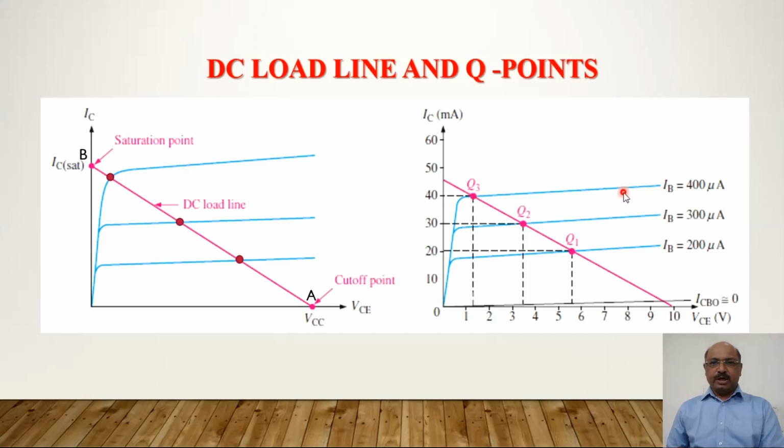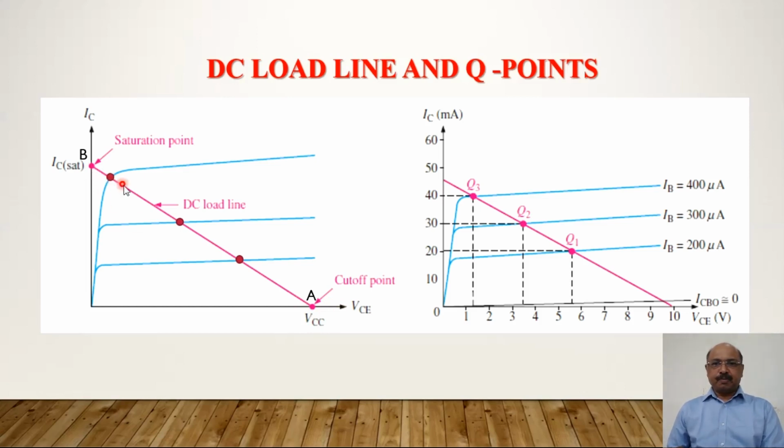Now if we draw the load line from point B, that is the saturation point, and point A, that is the cutoff point, for a transistor in the absence of input signal, see in this figure. As in the earlier lecture, we talked about how to calculate the operating point from the circuit.